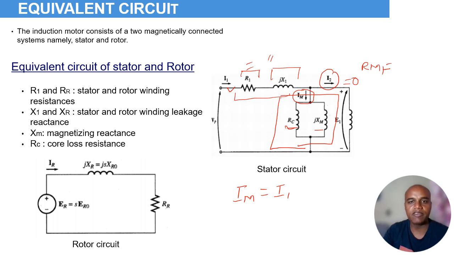The supply current drawn by the induction motor will be equivalent to my magnetizing current, which is used to set up the flux inside my motor, or in the air gap itself. And here E1 is the induced voltage by the stator windings in the air gap.